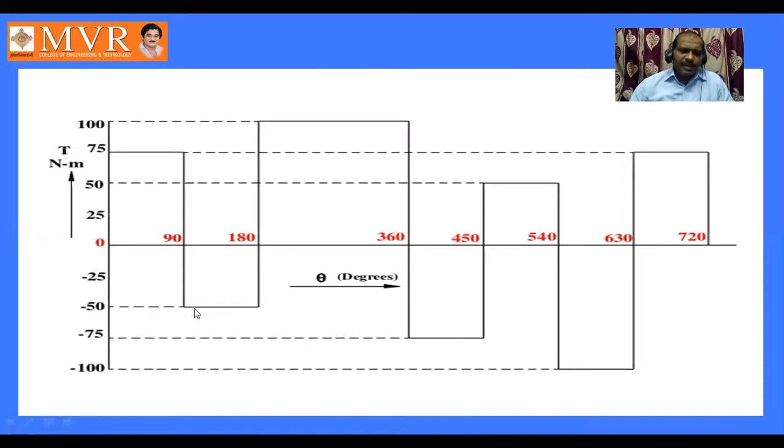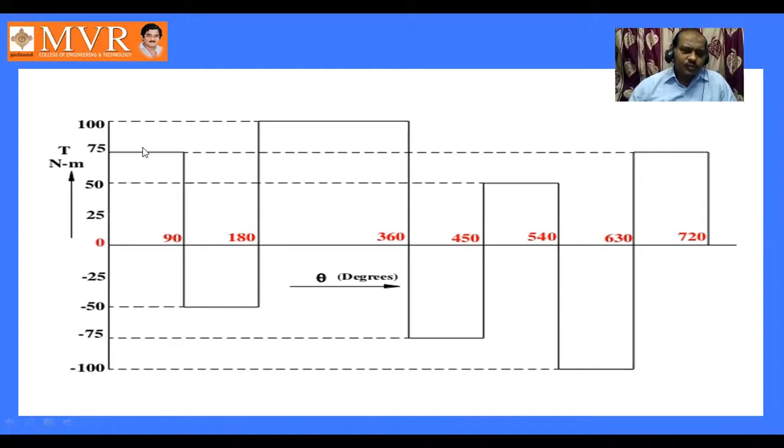As we know, the fundamental parameters of the turning moment diagram are theta on the x-axis and torque on the y-axis. The maximum limit of the torque is plus 100 and the minimum limit is minus 100.